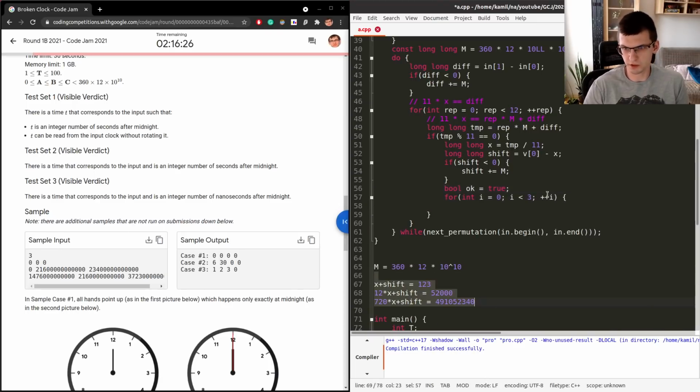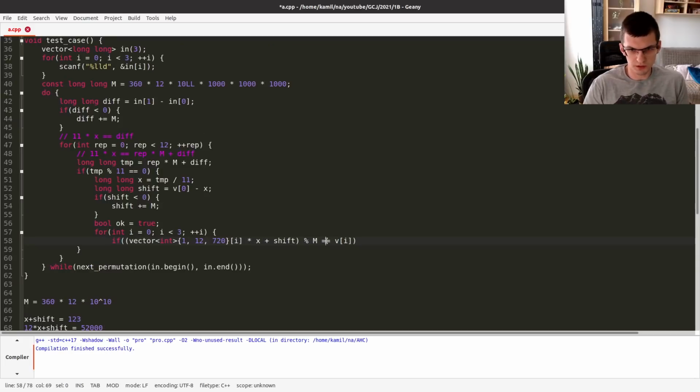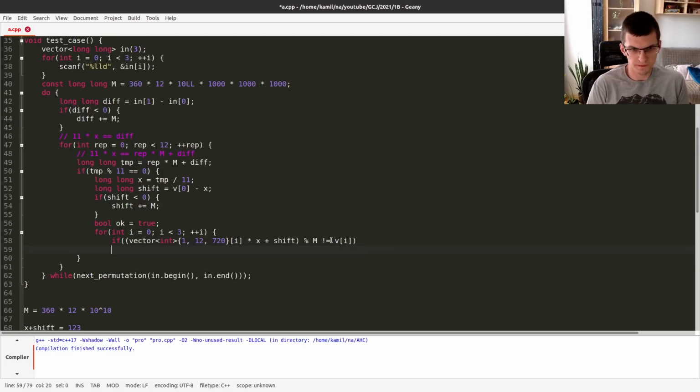And now I just need to verify if everything is okay. I'm checking those 3 equations. This modulo m is equal to q of i. If it's not equal, then OK is false.